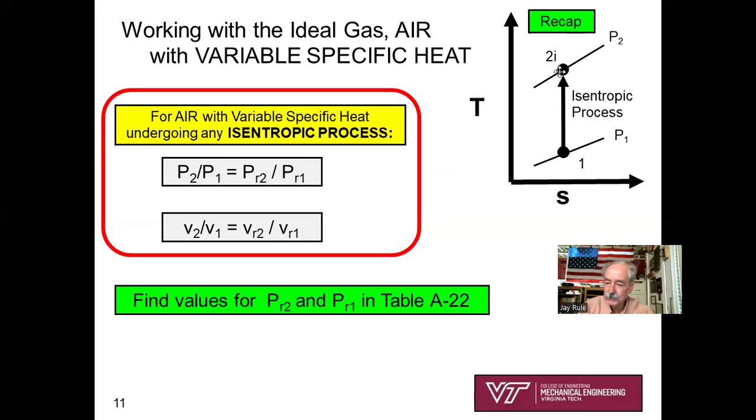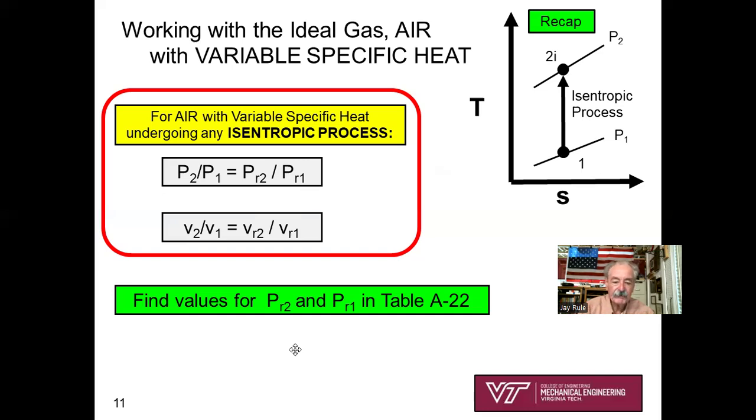When you have air with variable specific heat in an isentropic process, P2 over P1 equals PR2 over PR1. That's going to enable you to solve for PR2. Similarly, little v2 over little v1 equals VR2 over VR1. And these are tabulated in table A22 for air, the ideal gas.